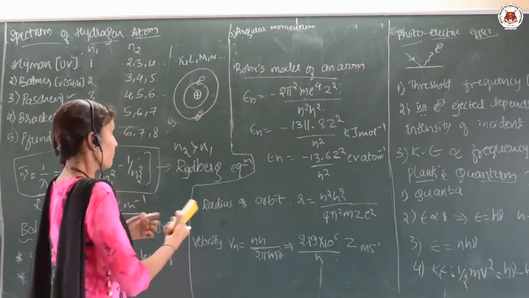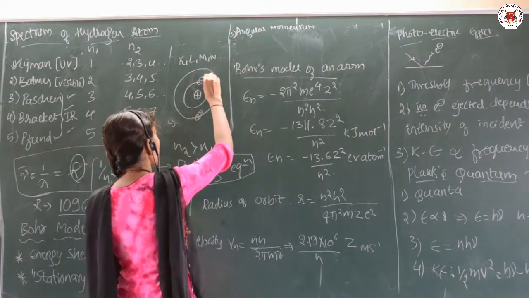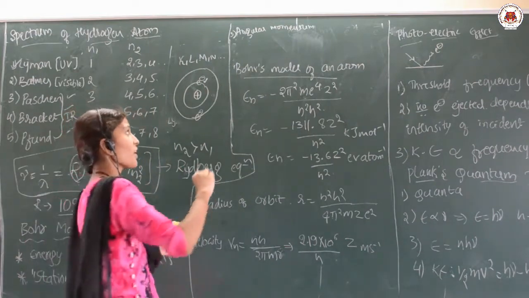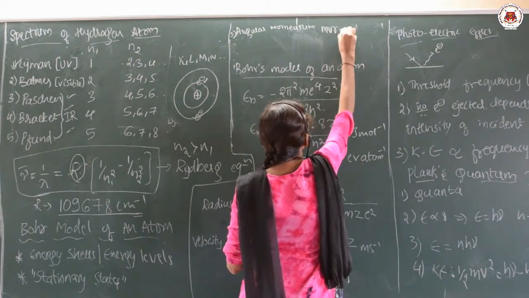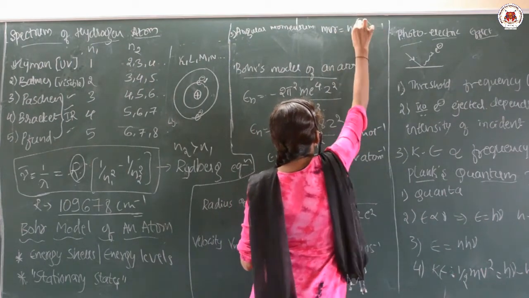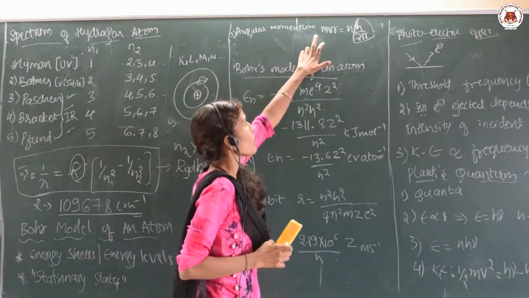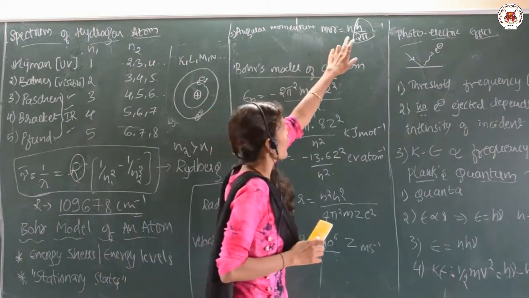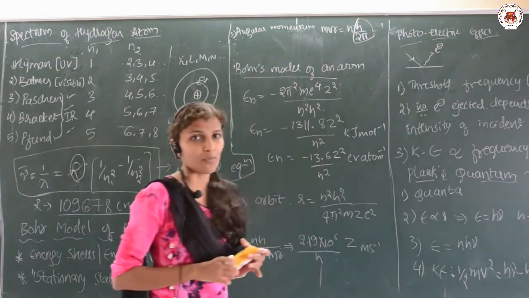Okay, and then one more, the third point: the angular momentum of the revolving electron is an integral multiple of h upon 2 pi. See here, this h upon 2 pi. This is the angular momentum of an electron, which is always an integral multiple of h upon 2 pi value.